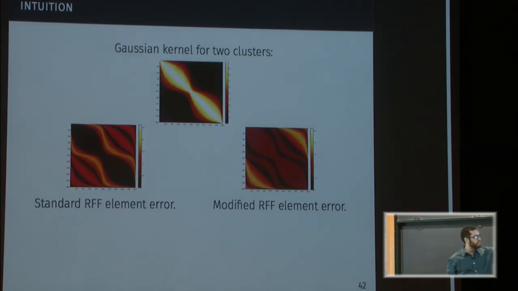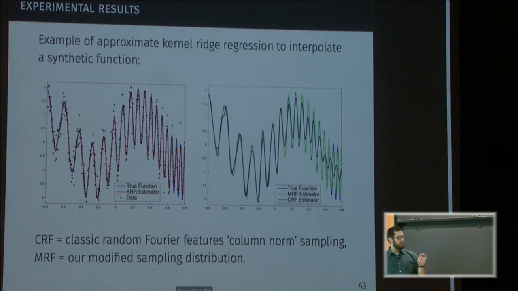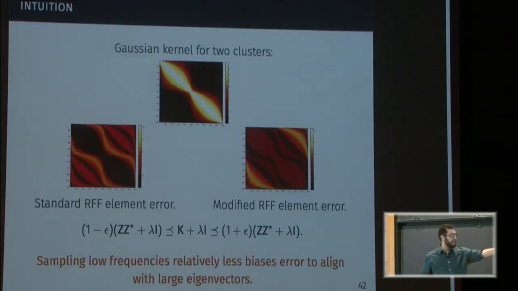This is the standard Rahimi-Recht error, which is darker on the diagonal. So it does a very good job. Dark is good. Dark is highly approximate. This means it wasted approximation on the clusters themselves, which corresponds with large eigenvalues in the kernel matrix. Intuitively, that's not something I want to do, because I have these multiplicative 1 minus epsilon, 1 plus epsilon error terms.